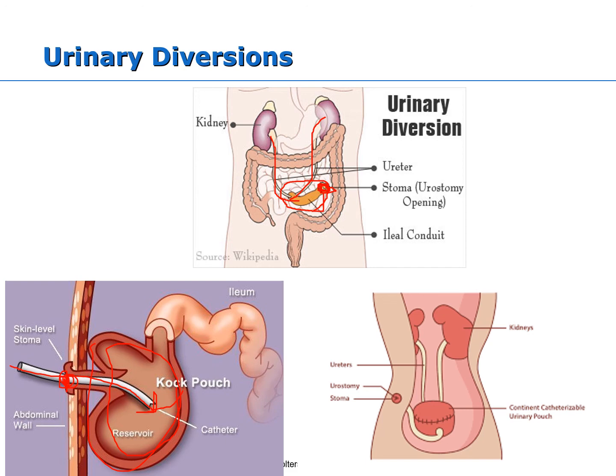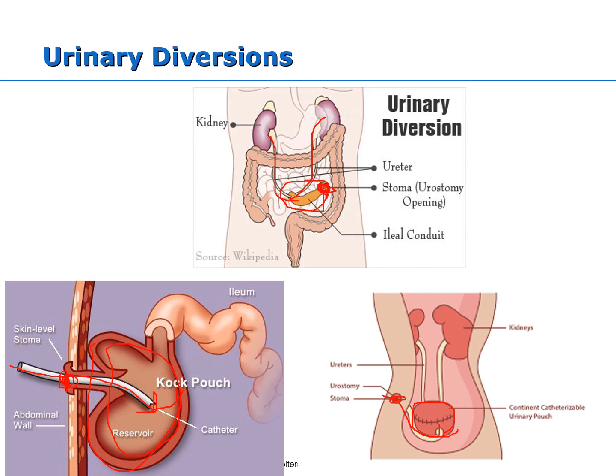And then they can also have an Indiana pouch, and this is the Indiana pouch. It is lower than the stoma, and with this, you also would take a catheter, insert the catheter, empty, and then remove the catheter.